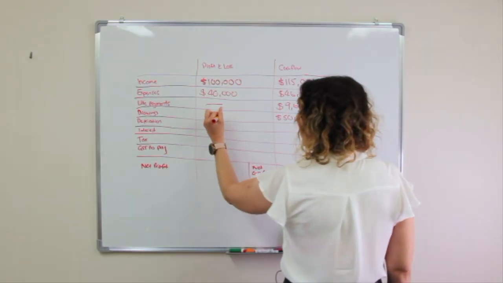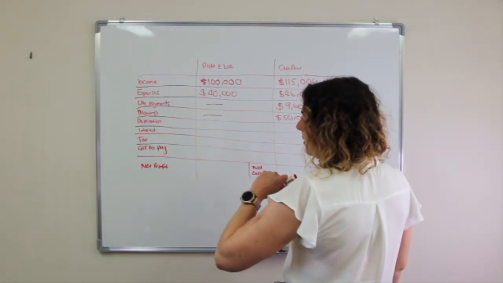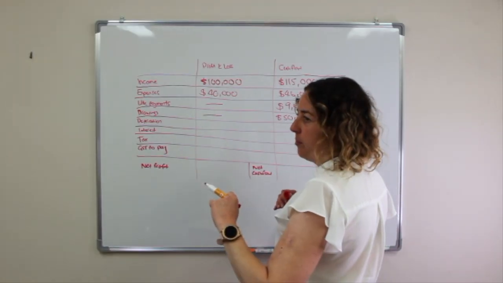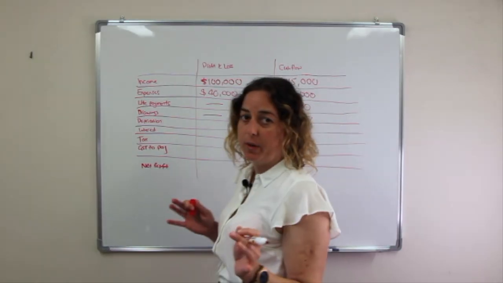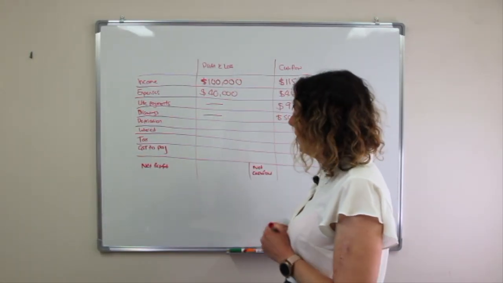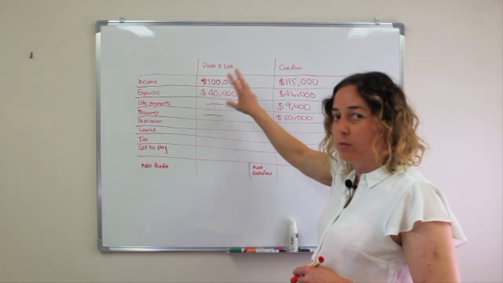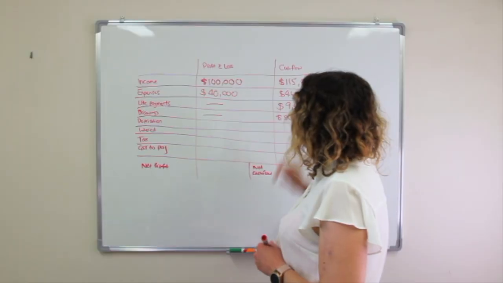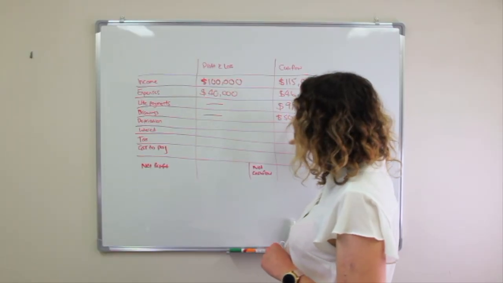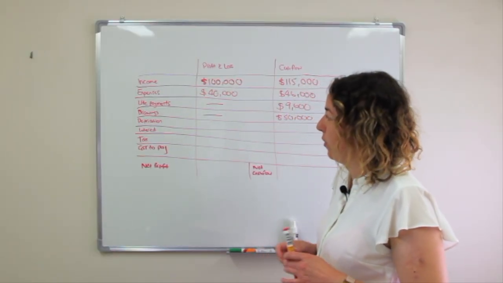Also not applicable, because his drawings could be a liability, or I guess you put them down as equity when you're looking at things, but it doesn't fall under the profit and loss. If you were taking wages, it would, but you would have already paid tax on them. Drawings is a different situation, so they come in on this side under your cash flow.